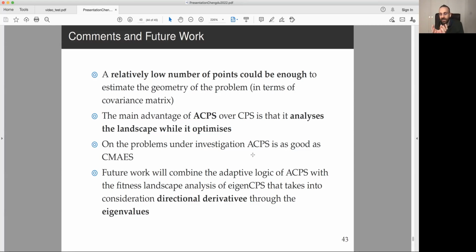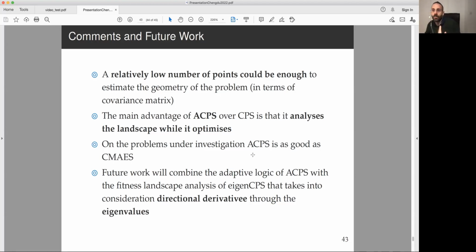So in ACPS, we have a data set which is way smaller, so we have an algorithm that is lighter. And we have said a few times that ACPS, unlike CPS, analyzes the landscape while it optimizes. And on some problems, it is as good as CMAS.